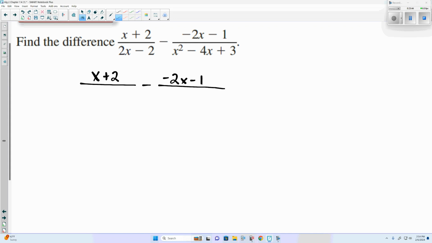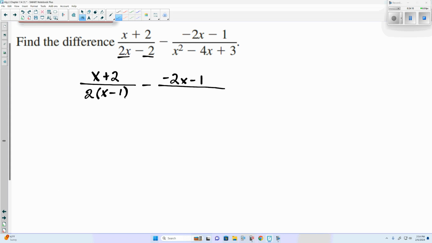First thing we need to do is factor the 2 denominators. The one on the left, we have 2x minus 2. How can we factor it? Denominator. The 2. We have a greatest common factor of 2. Which will leave us with x minus 1.